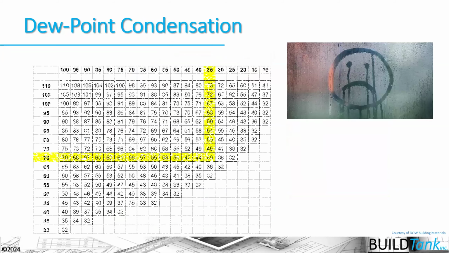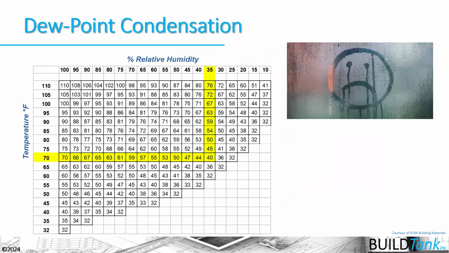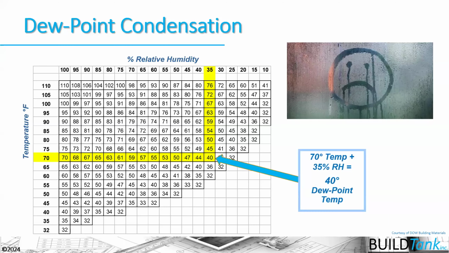So this is what's called a psychrometric chart that shows us if I have relative humidity at 35% and the air temperature is at 70 degrees, if I hit a surface that's at 40 degrees, we're going to get condensation in that assembly. And the surface temperature of our exterior sheathing is often at 40 degrees.